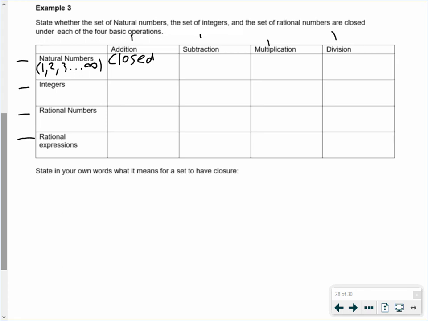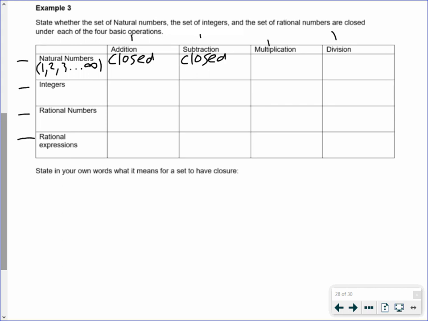Now for subtraction, the set of natural numbers will not be closed under subtraction, and that's because, let's say I choose 2 and 1. 1 minus 2 is going to be negative 1. Negative 1 is not in the set of natural numbers, so that means the set of natural numbers is not closed under subtraction.